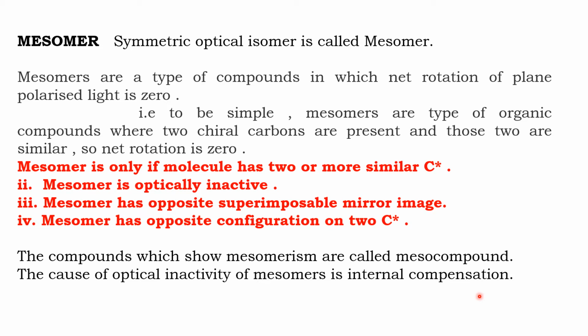A racemic mixture is a mixture of D and L compounds, and its optical inactivity is due to external compensation, while mesomers are compounds having a plane of symmetry, and their optical inactivity is due to the presence of internal compensation.